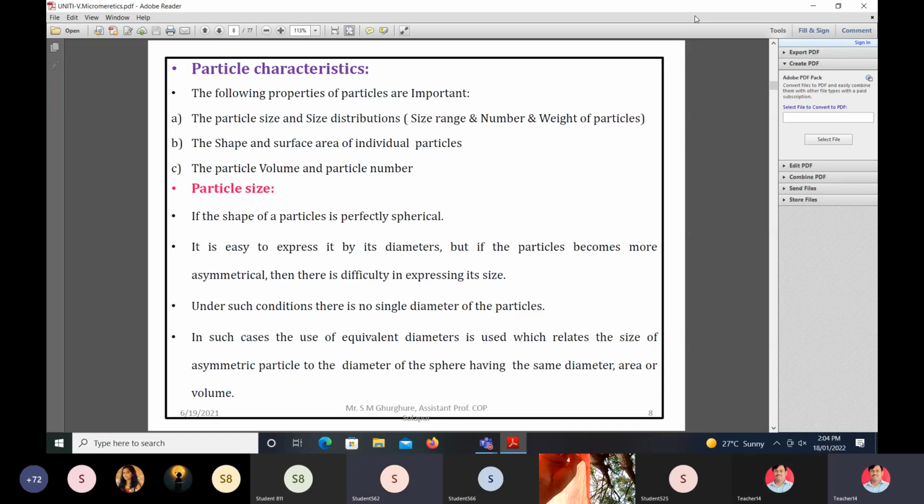Size, shape, surface area, particle number and particle volume. Okay.